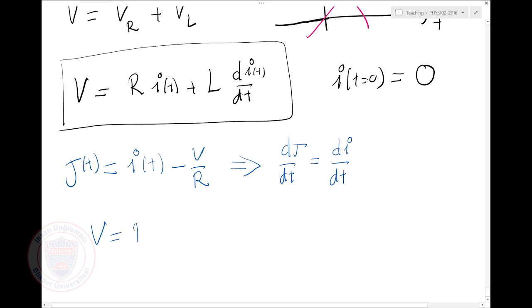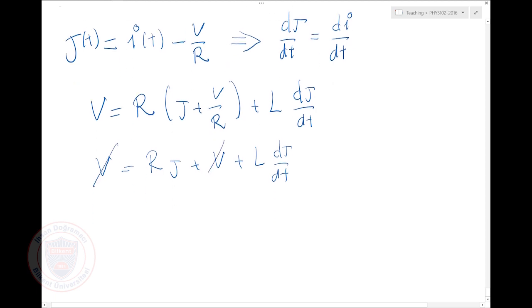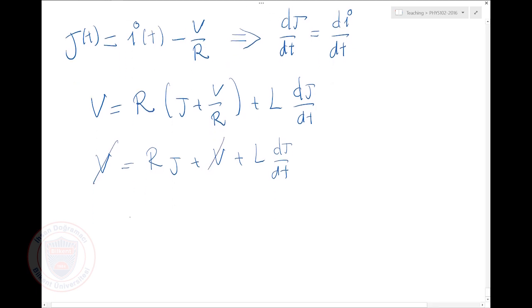V will be R times I, which is j plus V over R, plus L times dj dt. So now I have V equals R times j plus V plus L dj dt. V is cancelled. So I can write this as dj dt is minus R over L j.